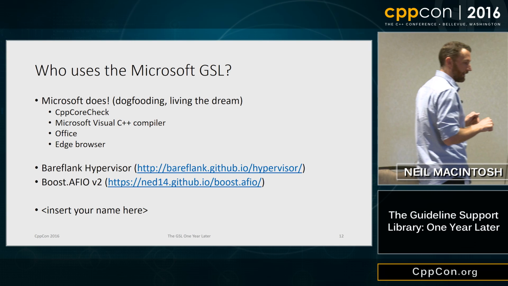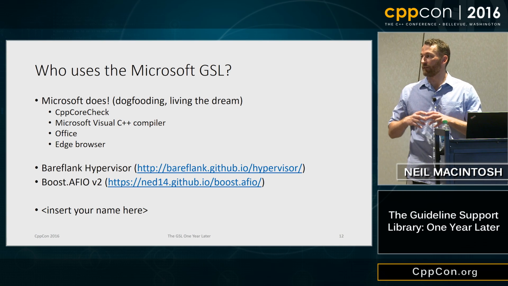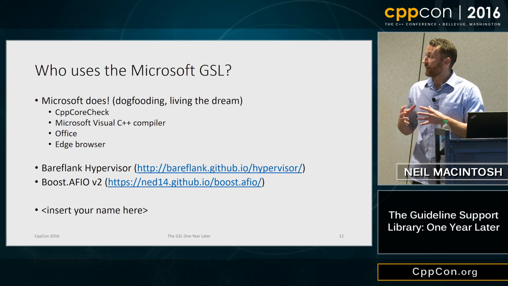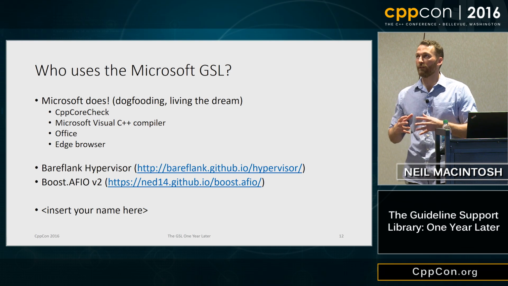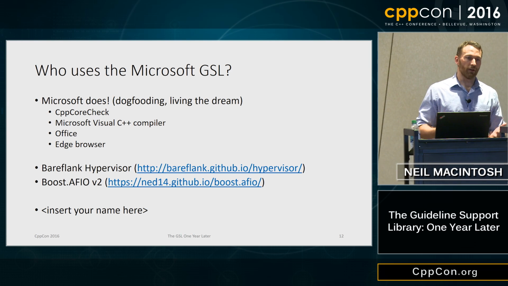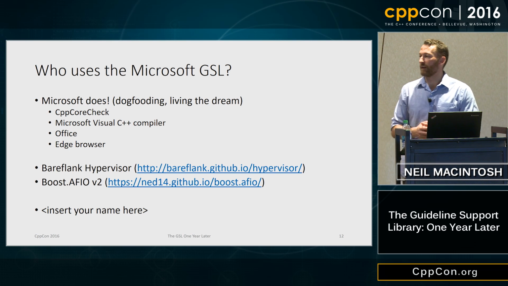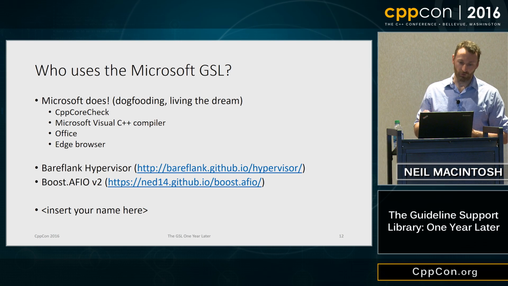There's currently some pilot work underway to get Windows using the GSL in earnest as well. So the idea is that by this time next year, I think all of the big name flagship Microsoft products that everybody knows will have the GSL sitting inside them somewhere. And I think that's a fine tribute to our commitment to live the dream.